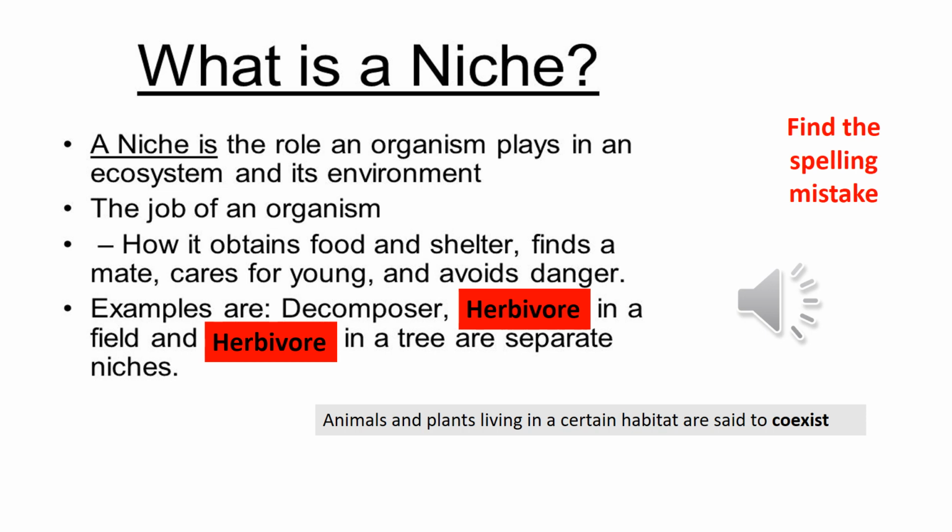And every organism in any environment has its own unique niche. All animals and plants in a certain habitat all coexist as well. So coexist is where animals and plants live alongside each other. So we coexist with each other and our environment as well, and the plants and animals around us.